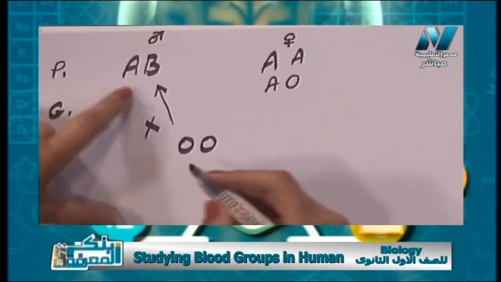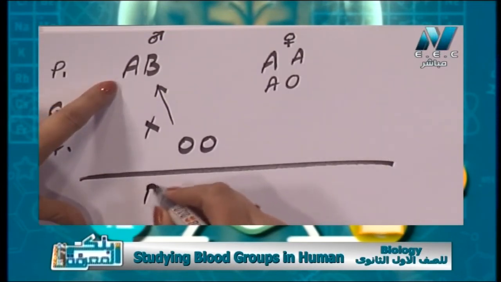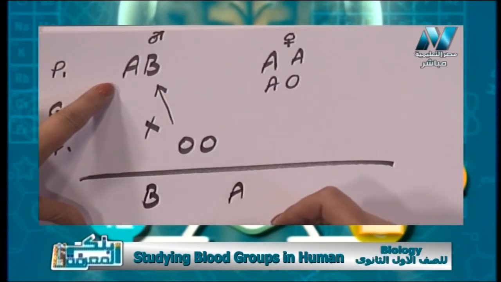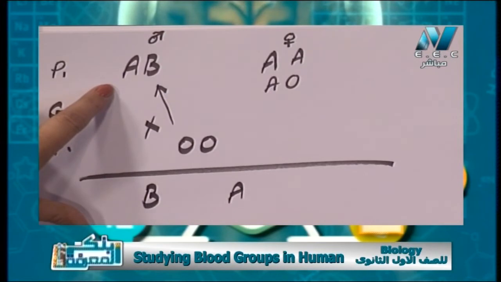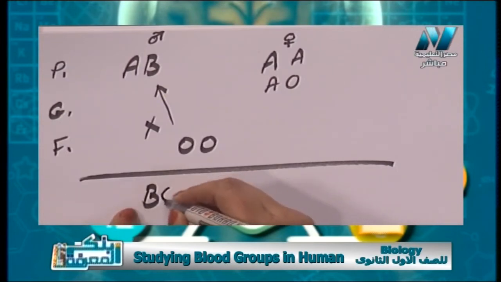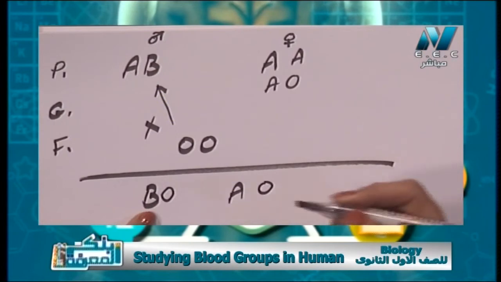But in another case, if the man is B, for example, and the mother is A, and the son is O, so O has no other chance. It must be OO, and B, for example, could be BO, and A could be AO.